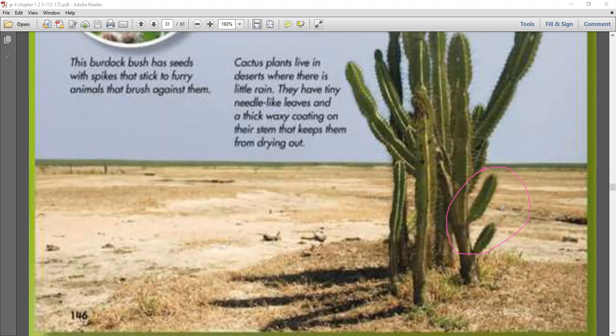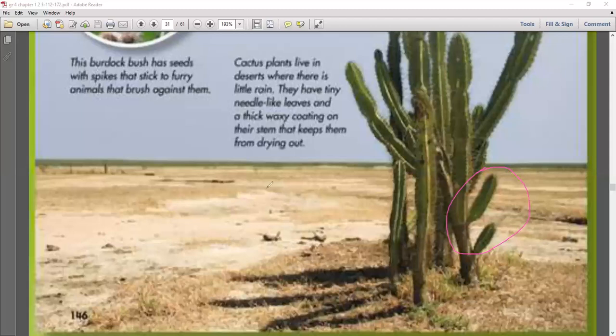If you look closely, you will see its stem has a waxy coating to protect it from drying, because this plant lives in a place with a small amount of water.